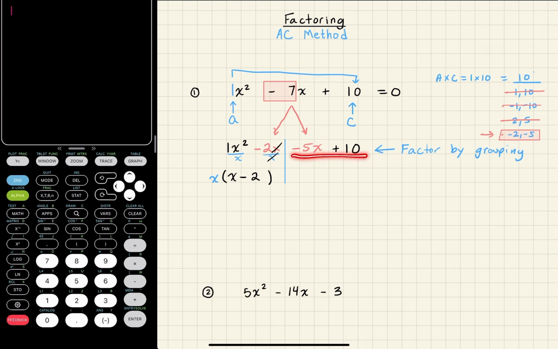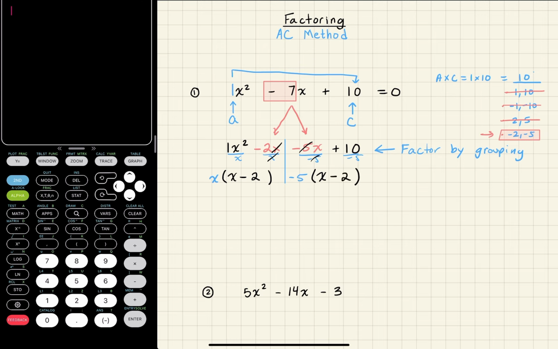Looking at the second group, looks like they have a negative 5 in common. So we'll pull out a negative 5. And that'll leave us with an x, and 10 divided by negative 5 is negative 2.